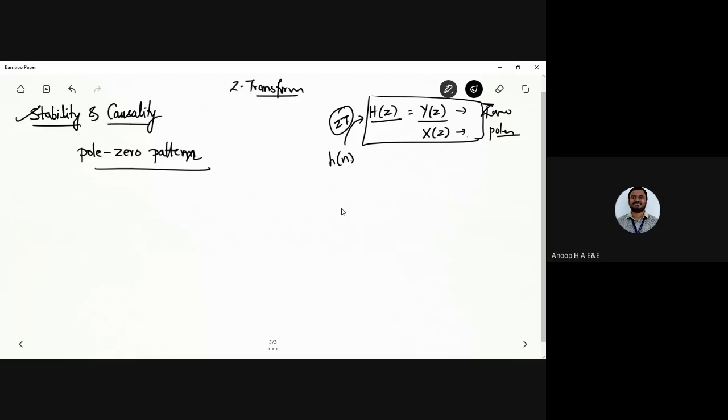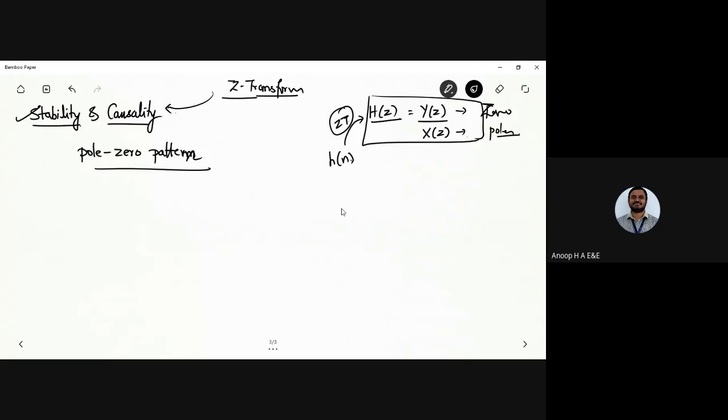So the Z transform approach is relevant to commenting on the stability of the system, whether it is stable or unstable, and whether it is causal or non-causal. When you consider the system to be both stable and causal, that is called a stable and causal system.